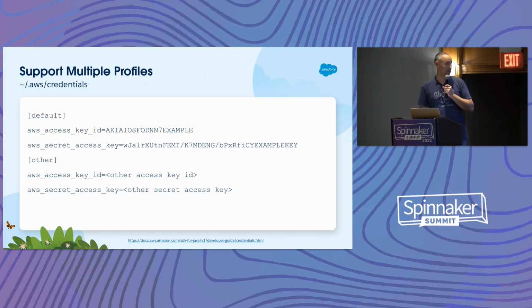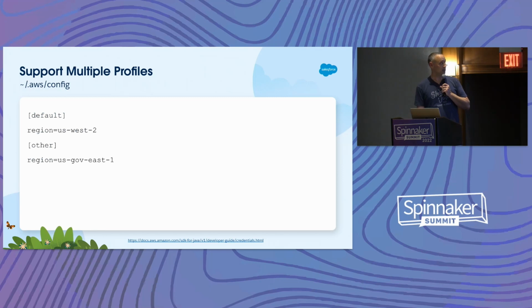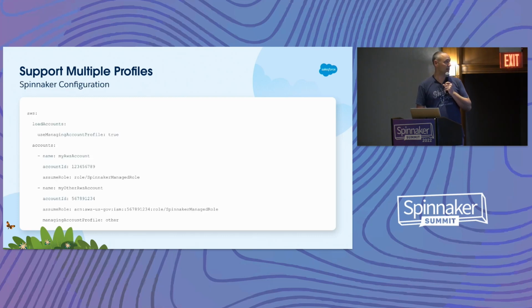You can do whatever you want. The other side of this is the region side, which after all the code juggling turns out to be pretty easy to configure. You just add a region, and now Spinnaker knows how to pick it up. So pretty straightforward. And then let's see what happens on the Spinnaker side of things.